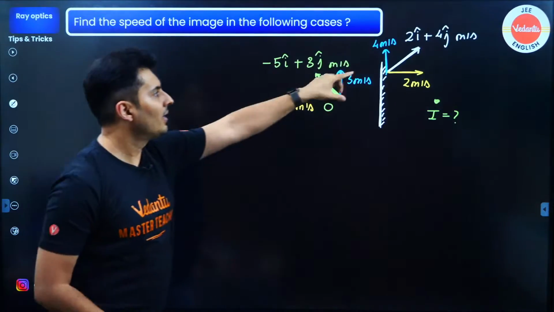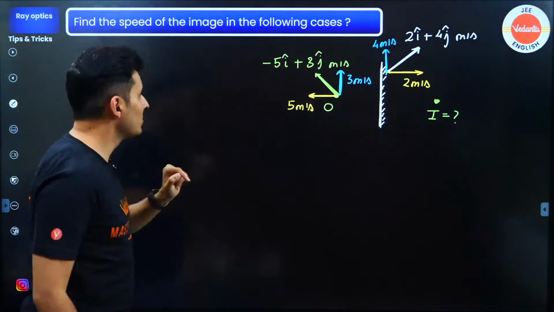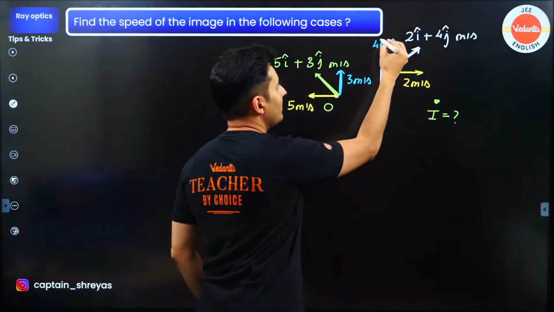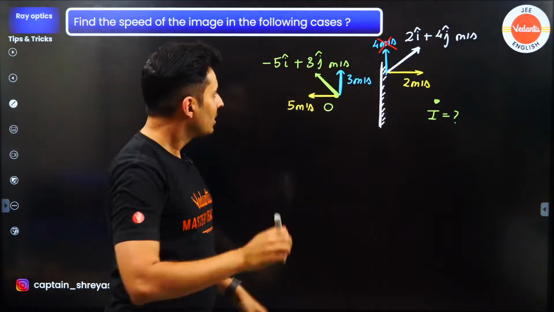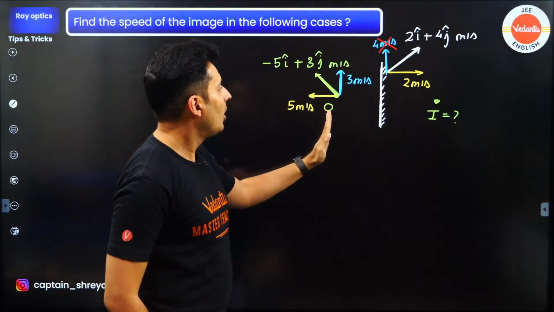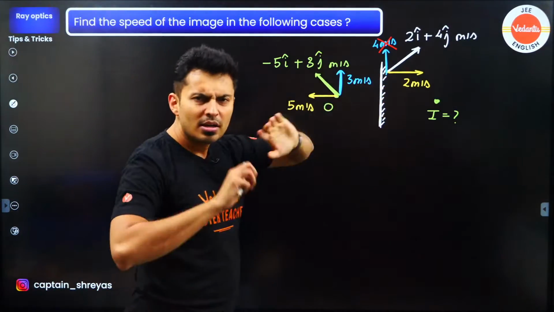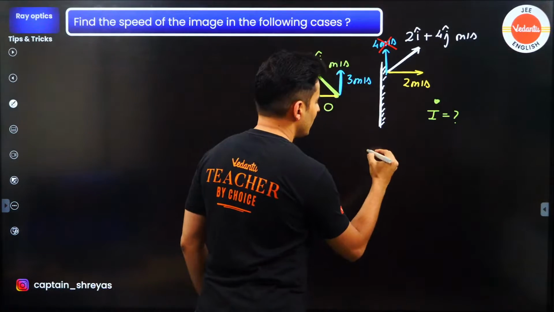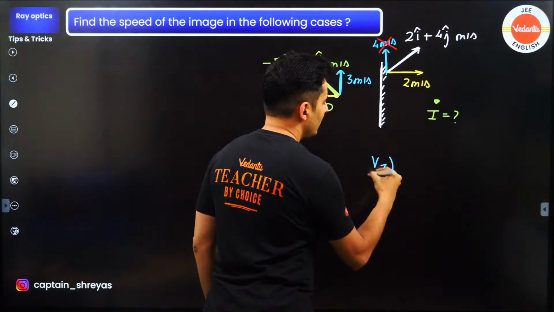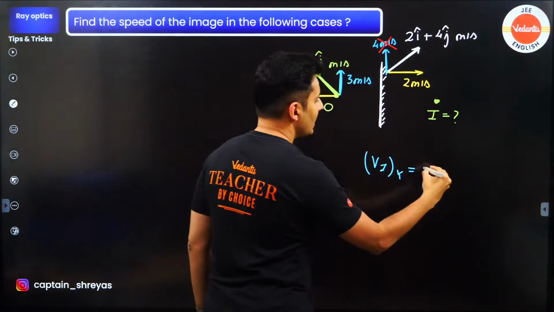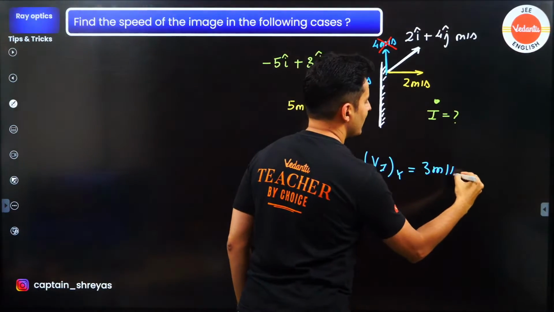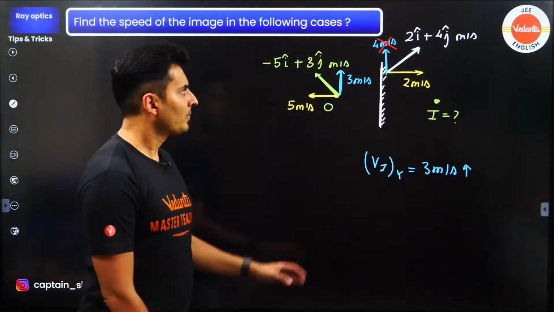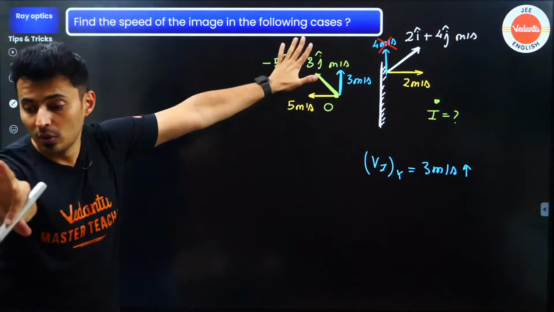So this 4 is completely useless, I don't even need this. Just look at the object. The object is moving upwards with 3. Naturally, the image in the y direction must have exactly 3 meters per second in the upward direction. The motion of the mirror has no role to play.